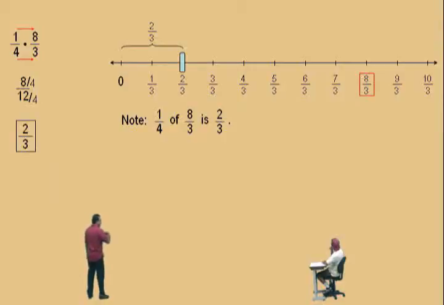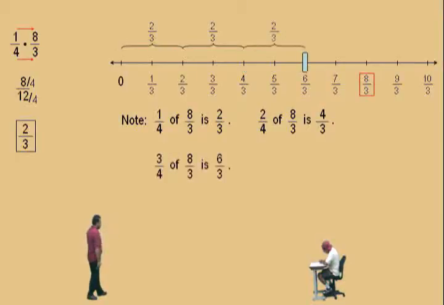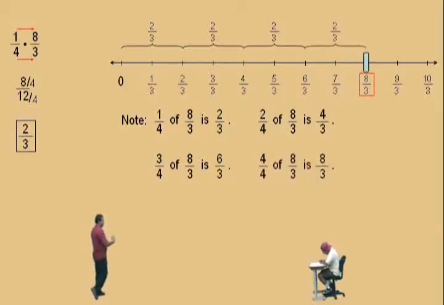And so, Charlie, if 1/4 of 8/3 is 2/3, what should 2/4 of 8/3 be? 4/3. That's right. And if we want 3/4 of 8/3, that should be how much? 6/3. That's right. And 4/4 of 8/3 should be itself because 4/4 is basically 1.